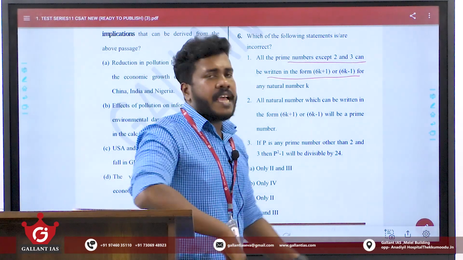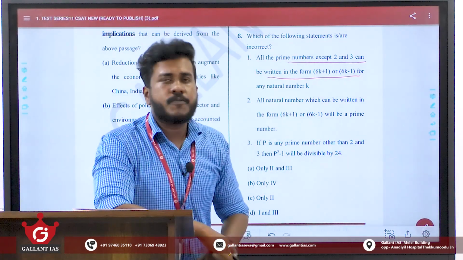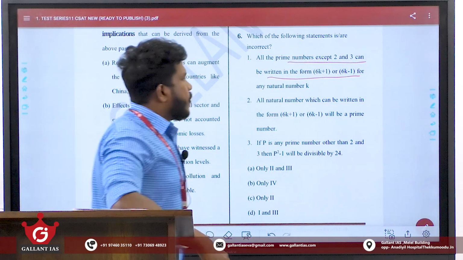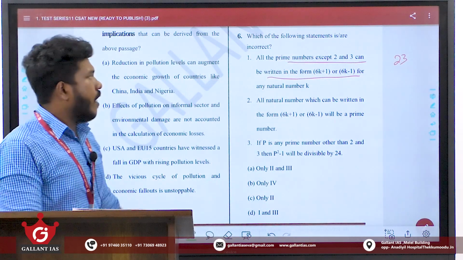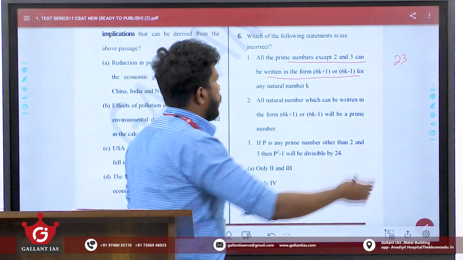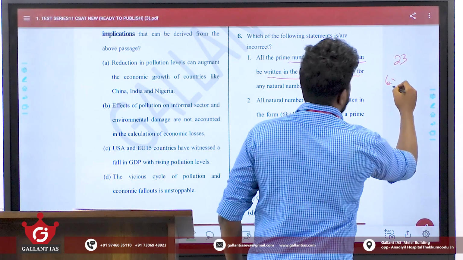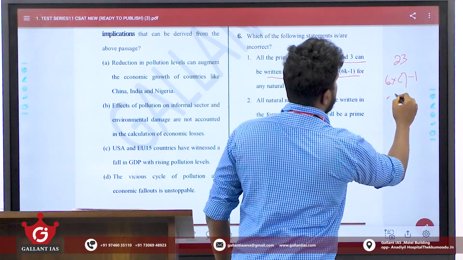That means if you are assuming any prime number, that can be written in the form of either 6k plus 1 or 6k minus 1. For example, assume the number 23. 23 is a prime number, right? So how can you write it in the form of 6k plus 1 or 6k minus 1? You know that 6 into 4 is 24, and then minus 1, you are getting 23, right?